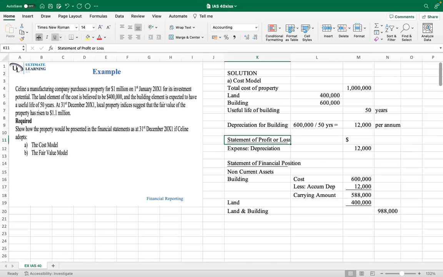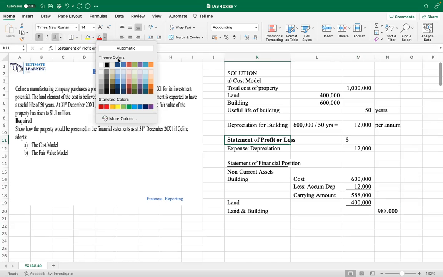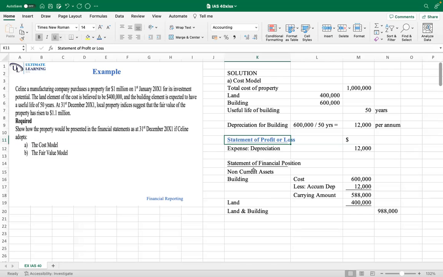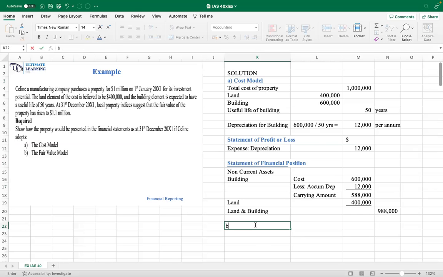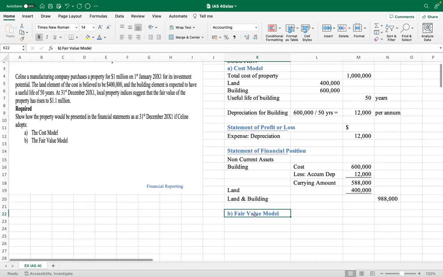So maybe let me just highlight the major items we need. And remember, we were under the cost model. Alternatively, we can use what is called the fair value model. So what do we do under the fair value model? Under the fair value model, remember the value of the property is shown at fair value.